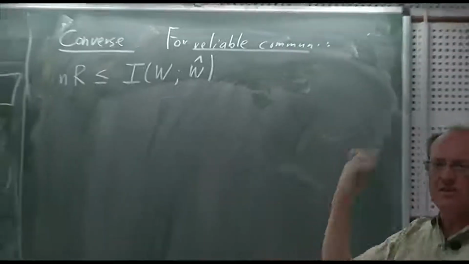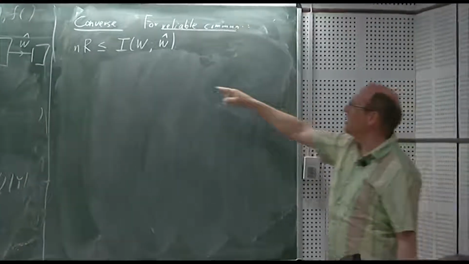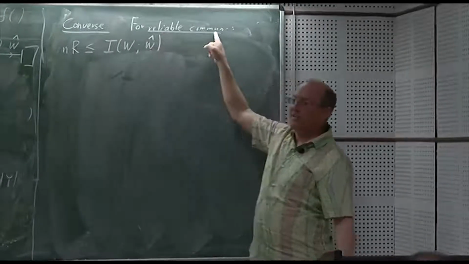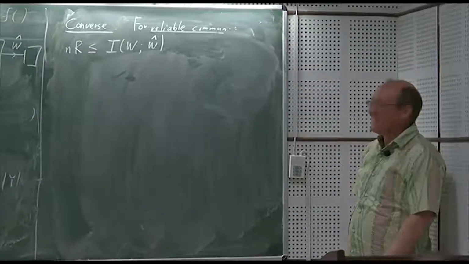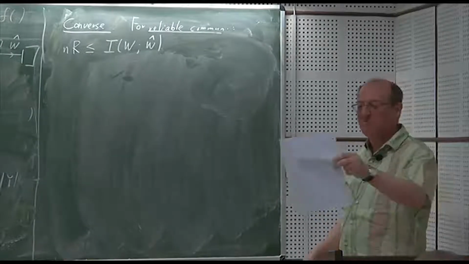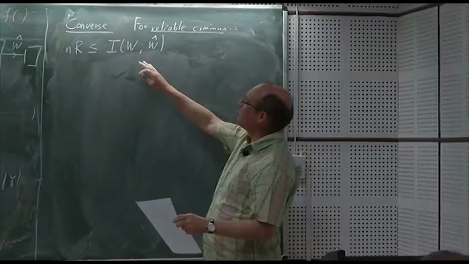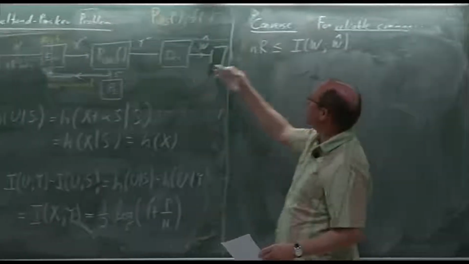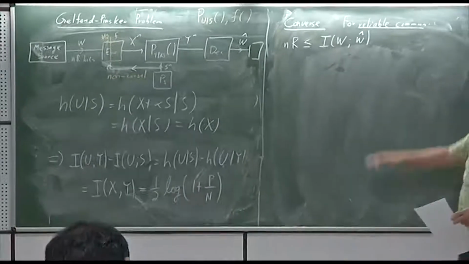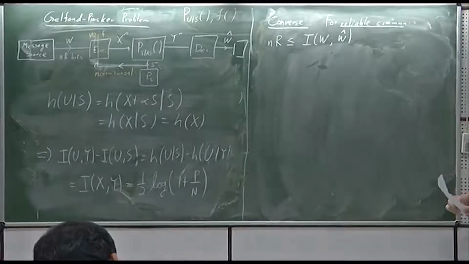I think that cleans things up. Some people don't like this, because strictly speaking it's not right, but I'm qualifying it. The point is that to send reliably, by which I mean arbitrarily small positive error probability, we need to satisfy this constraint.